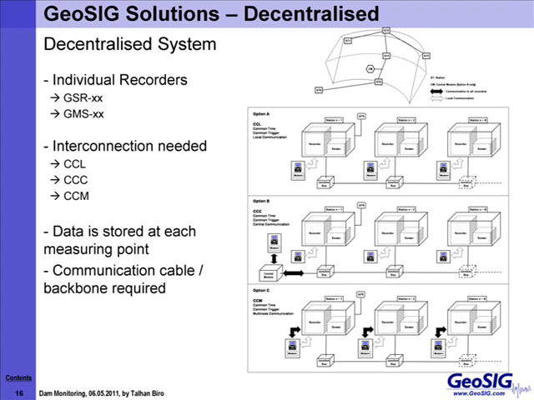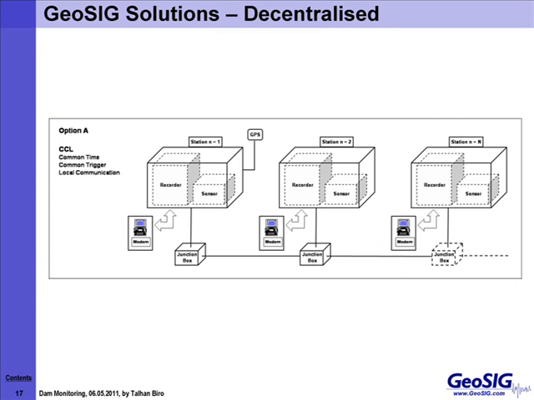So again, if we go into each option, the option A is what we call CCL, which means common time, common trigger, and local communication.